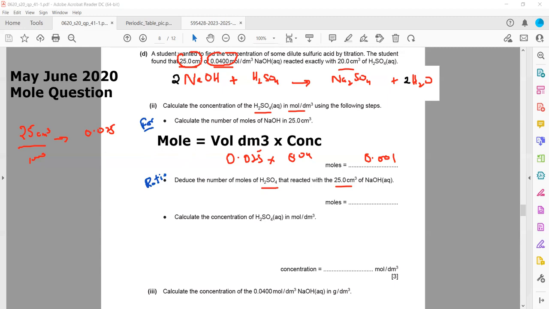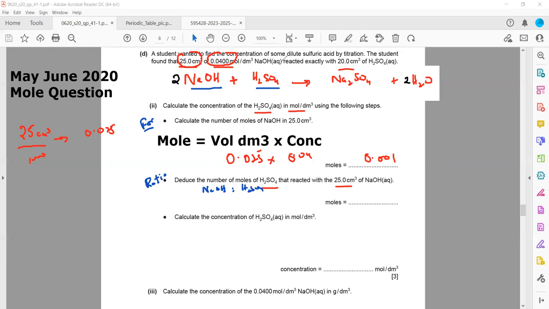H2SO4 and Na2SO4? But in the question, I need sulfuric acid. I don't have anything about sodium sulfate, Na2SO4. I have sodium hydroxide and I have sulfuric acid. That's why I'm taking a ratio between sodium hydroxide and sulfuric acid.